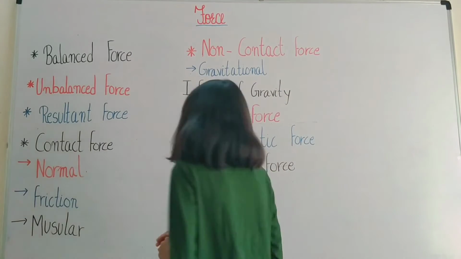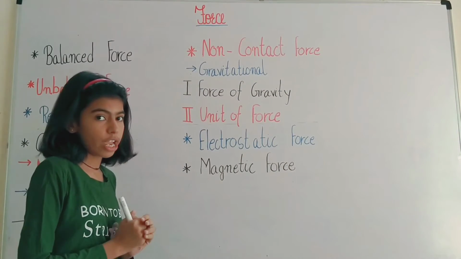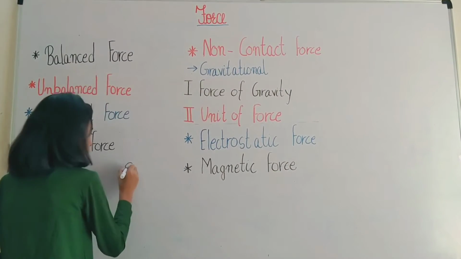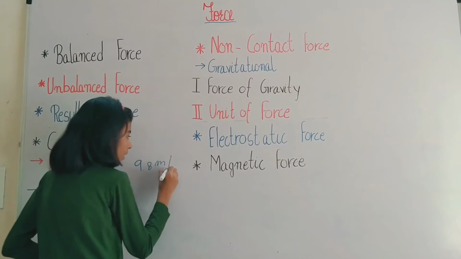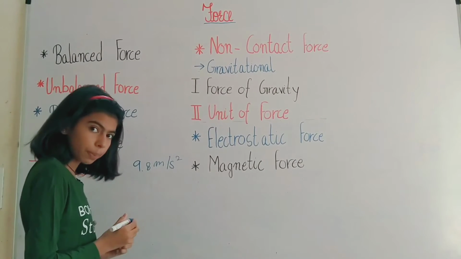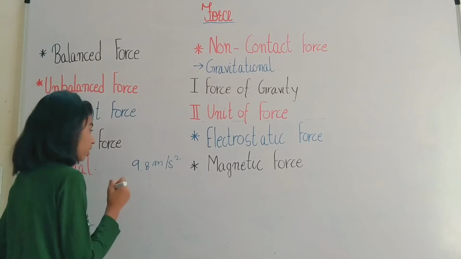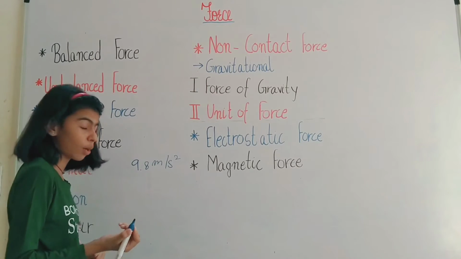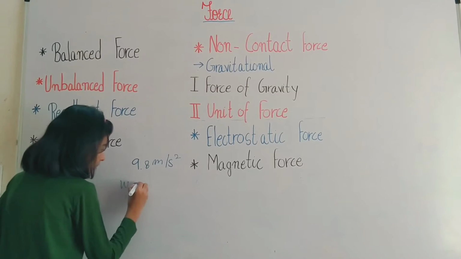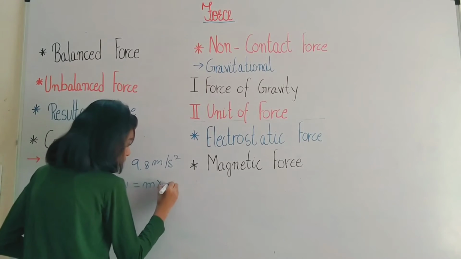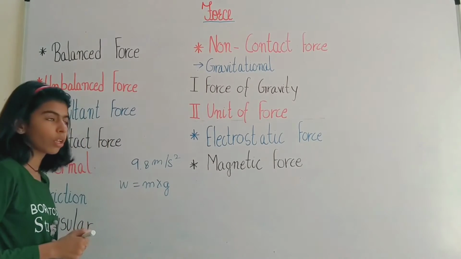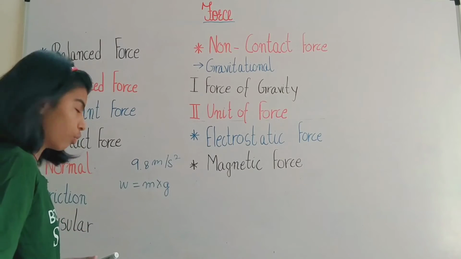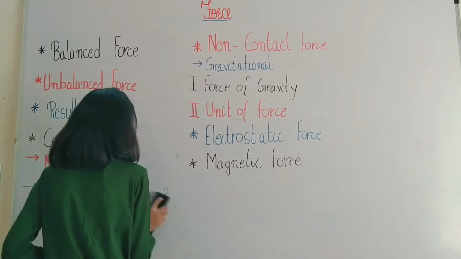So Earth attracts every object by 9.8 meter per second square, as we discussed in the previous video. And the force due to gravity, or the weight of an object, is mass into gravitational acceleration.